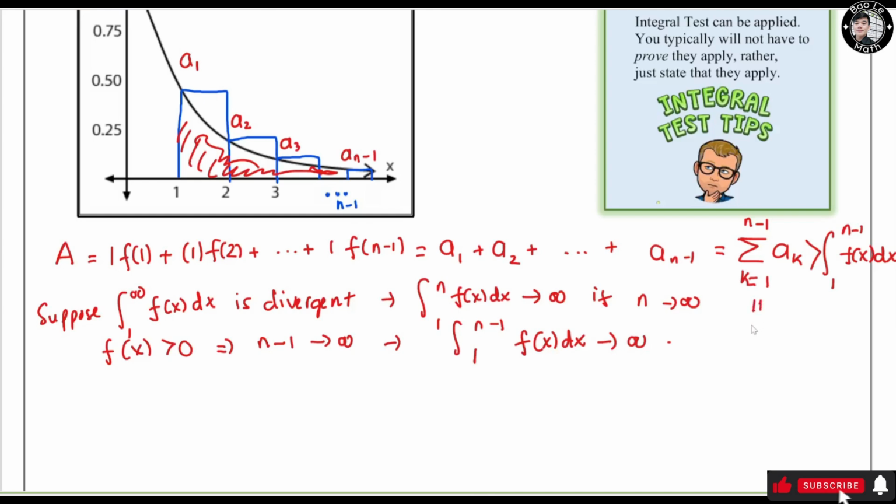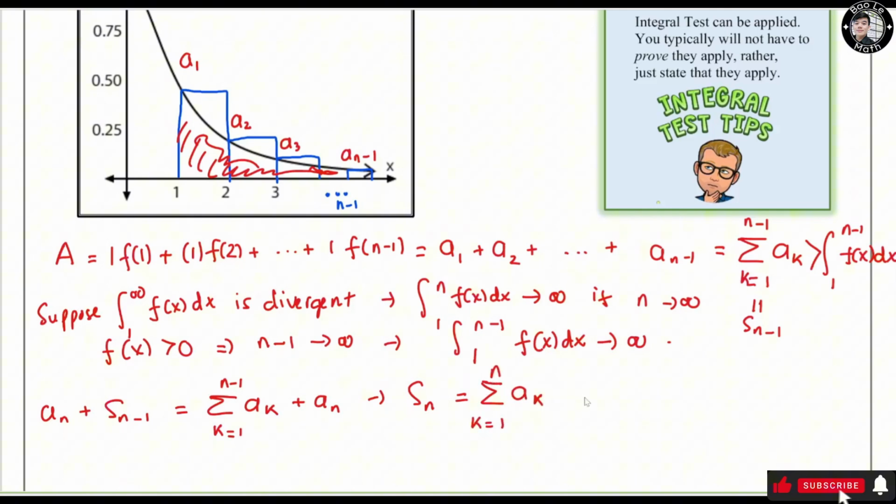Now let's call this one S sub n minus 1, right? So we have S sub n minus 1 equals the series a sub k, k equals 1 to n minus 1, right? Now we're going to add a sub n to both sides, right? So it turns out to be S sub n equals the series a sub k when k goes from 1 to n, right?